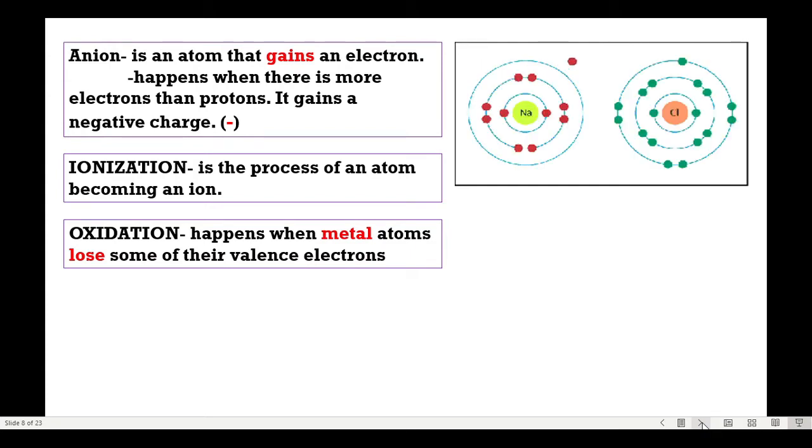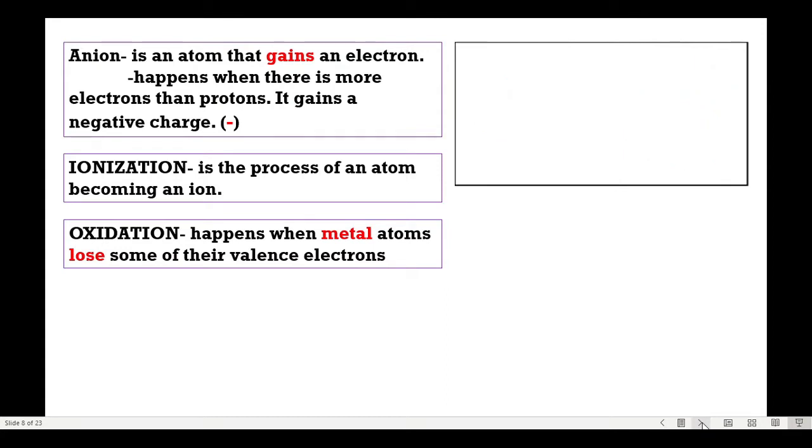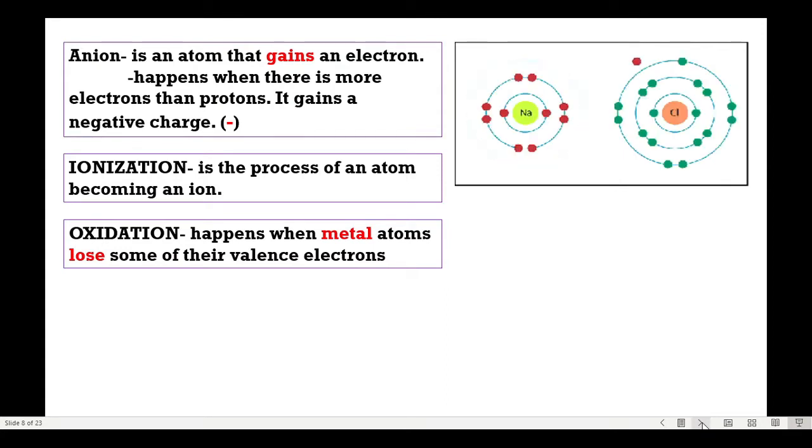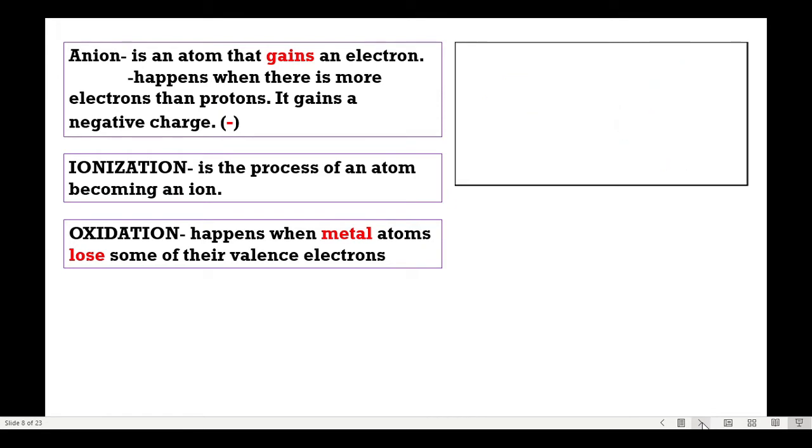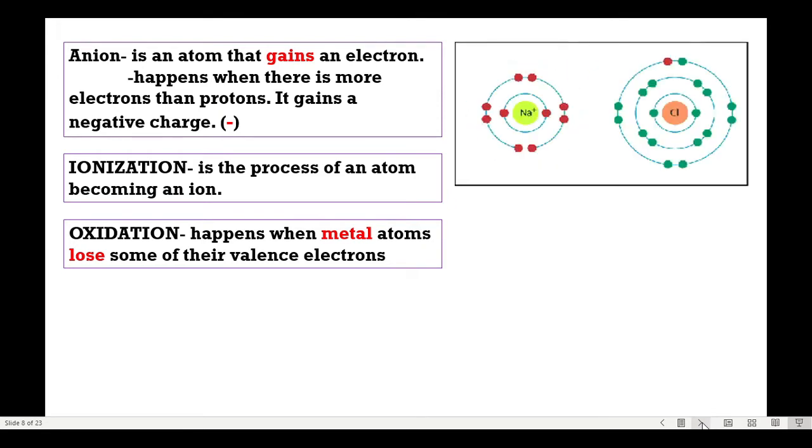Okay, kapag yung metal naglo-lose ng electrons, oxidation process or oxidation state yung tawag doon. Usually, metals have the capacity to lose electrons because they are more likely positively charged. So, you can see that on your periodic table. Pag naghanap ka ng isang metal doon, makikita mo may mga positive charges sa kanila. So, oxidation ang tawag doon pag nag-lose sila ng electrons.